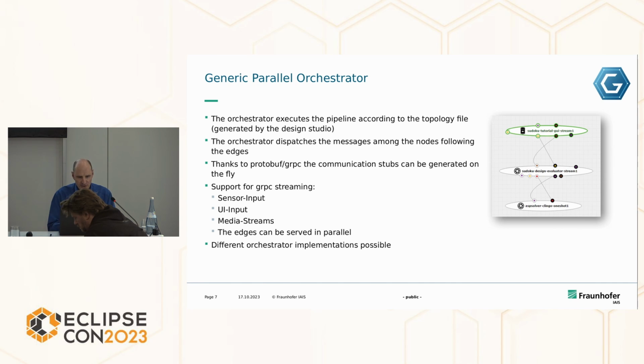And thanks to protobuf and gRPC, it can handle Docker containers that it has never seen before. I'm not aware of any other AI tool that is offering the same functionality.